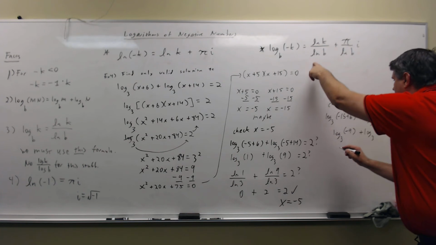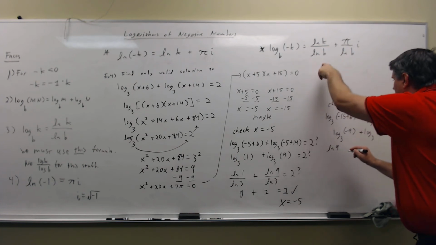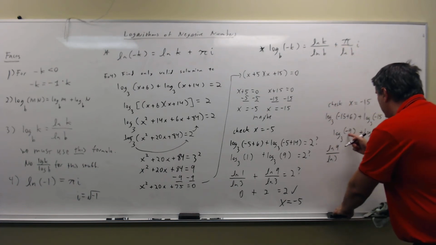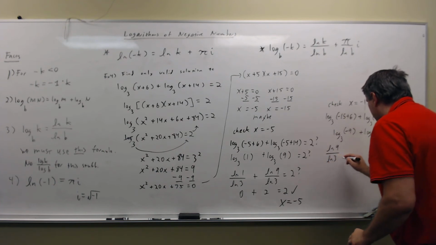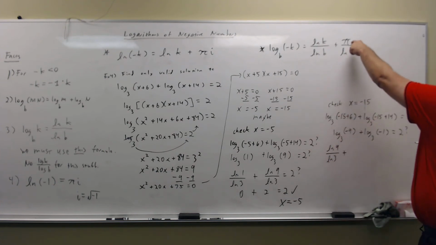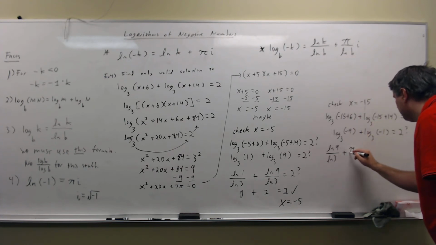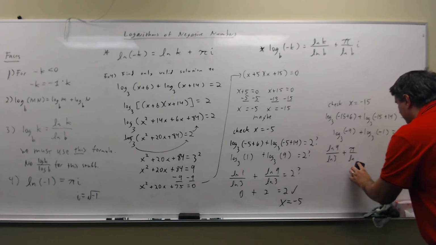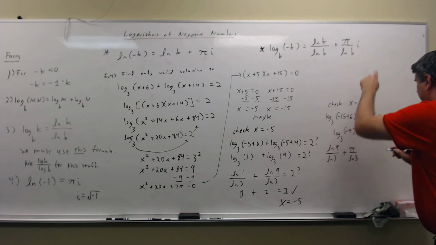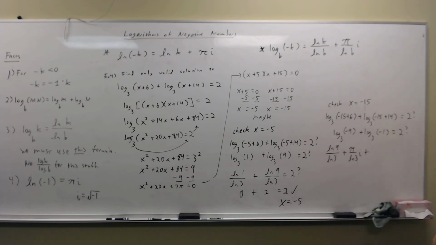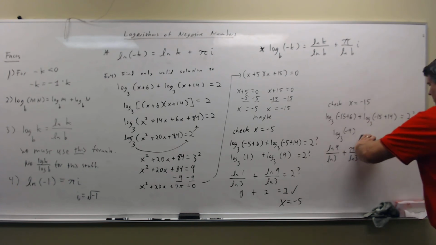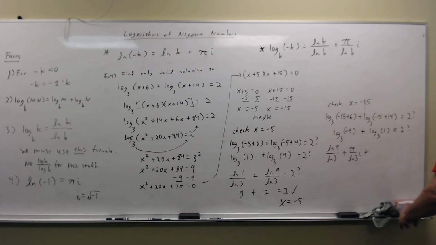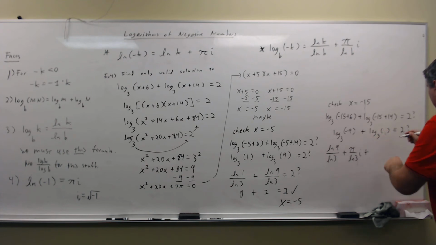This would be the natural log of positive 9 over the natural log of 3, plus pi over the natural log of 3 times i, plus, that should be negative 1.